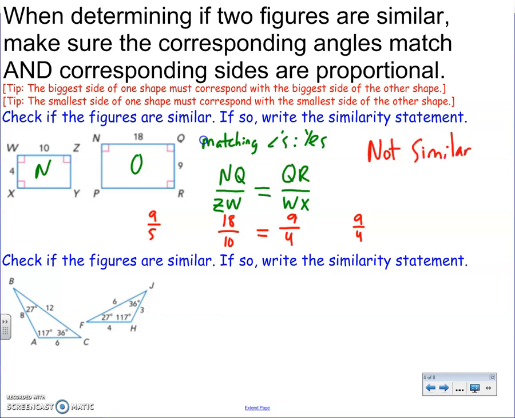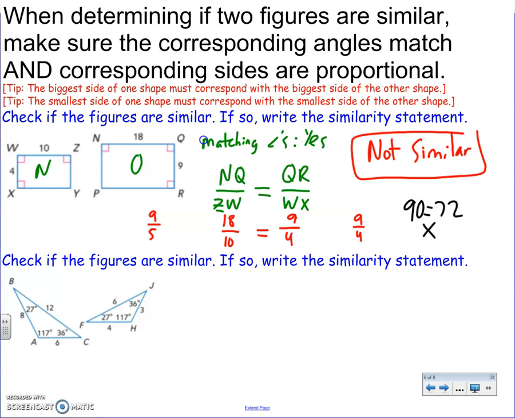But last video showed you how to verify this. If you wanted to, you could multiply both sides by 10 and then multiply both sides by 4. I'm going to get 90 equals 72.